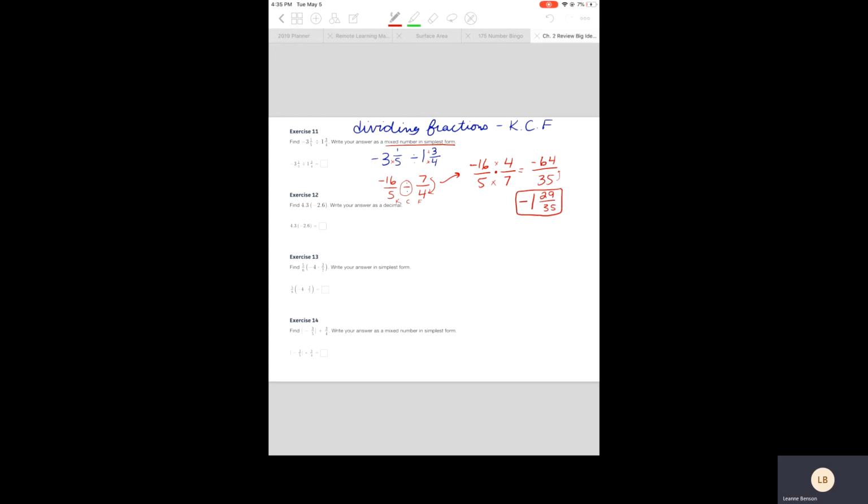Now we're getting into some multiplication of decimals or rational numbers. Again, we had that triangle that I taught you guys about back in probably September or October, where we have the positive on top and the 2 negatives on the bottom.